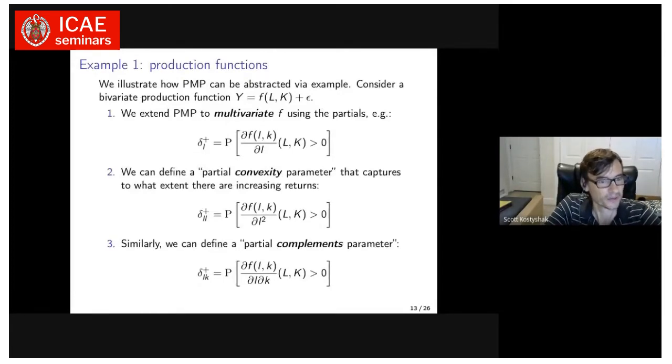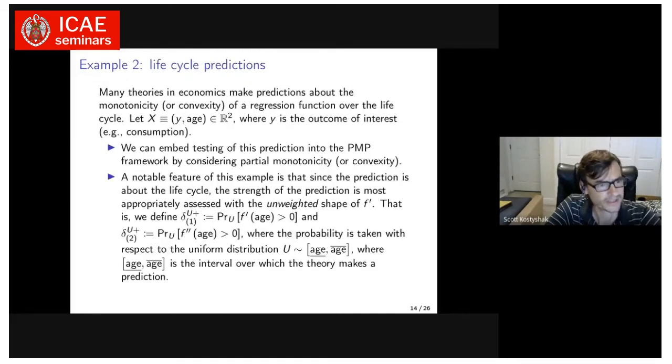Great. So this is our example for production functions. And now we're going to go the opposite way from what I just suggested. Let's suppose we have a prediction about the life cycle, in which case our x variable would be age and y is the outcome of interest.